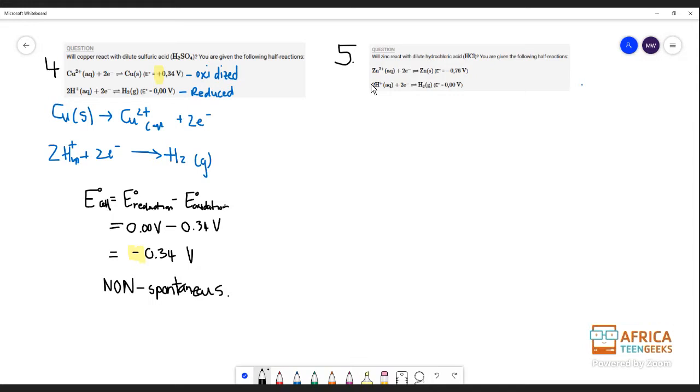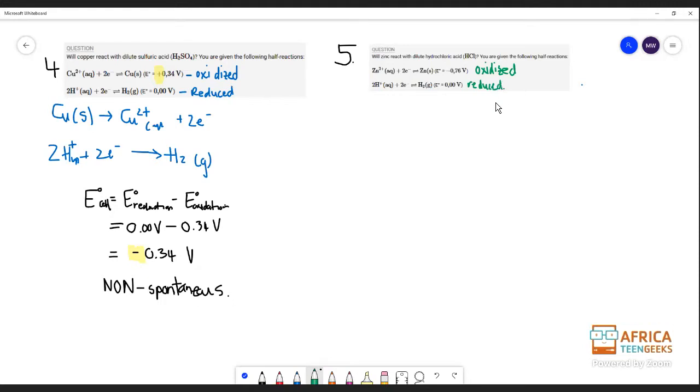Zinc is one of your more reactive metals. Okay, so zinc is going to be the one that oxidizes because it wants to lose electrons. And this is going to be the one that will be reduced.